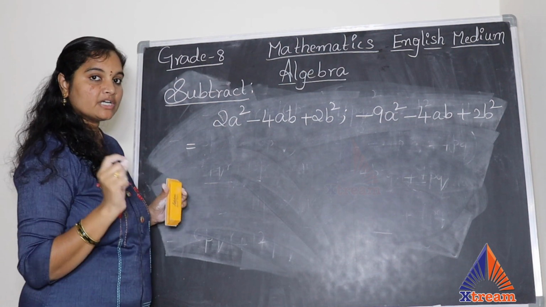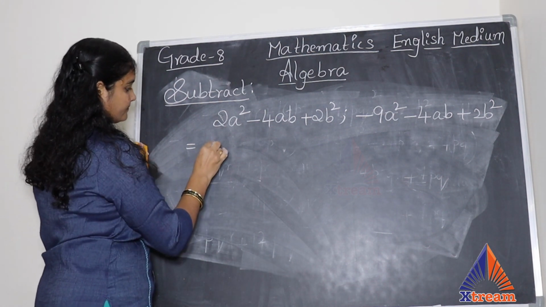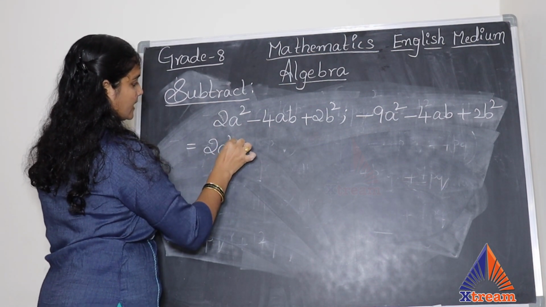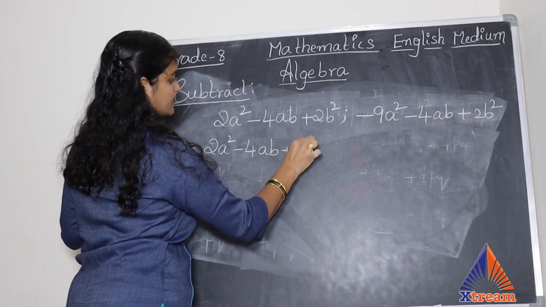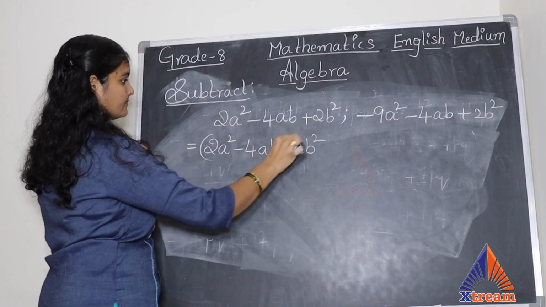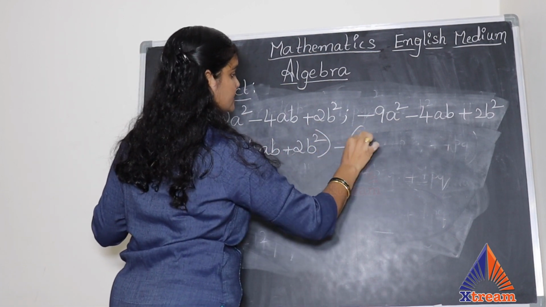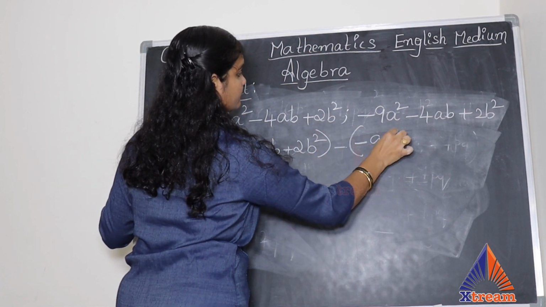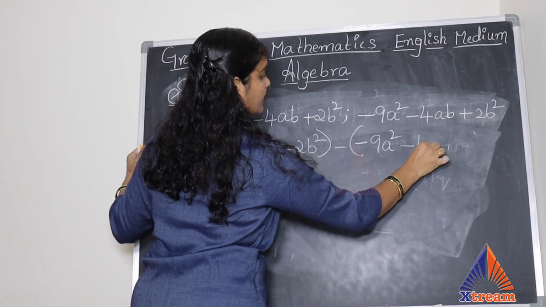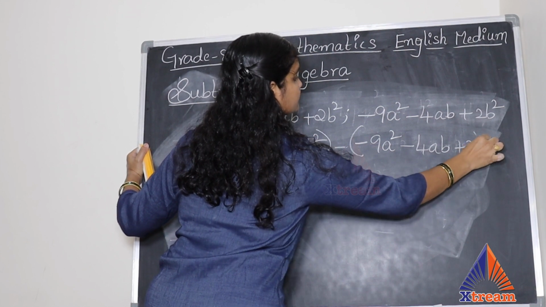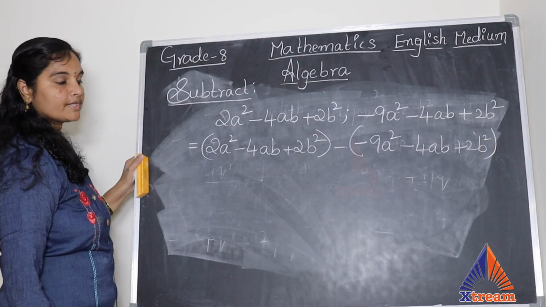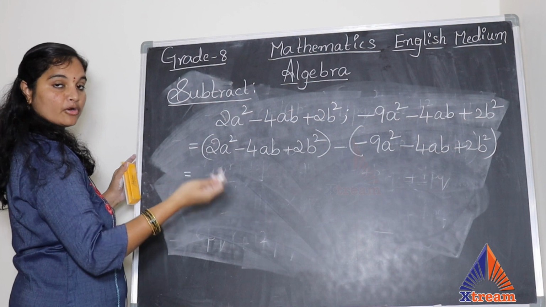So in subtraction, the terminology matters a lot. 2a square minus 4ab plus 2b square minus of minus 9a square minus 4ab plus 2b square. Okay, so bring them out of the brackets.